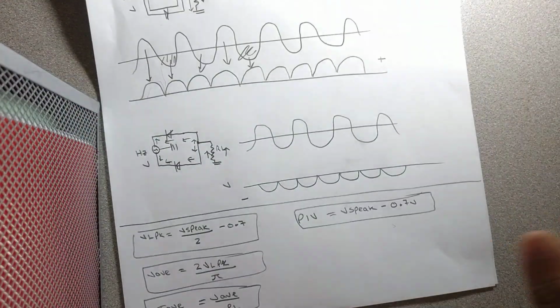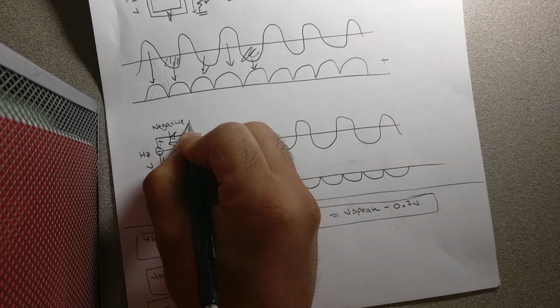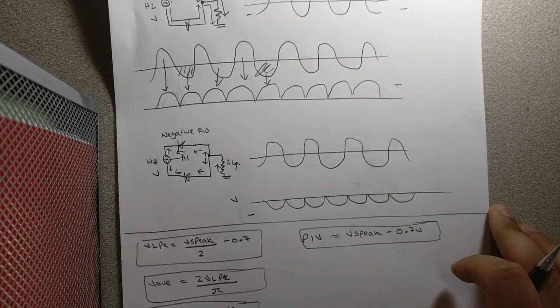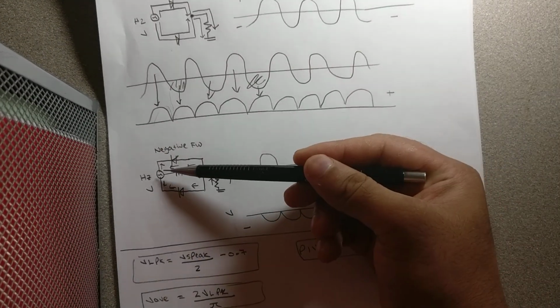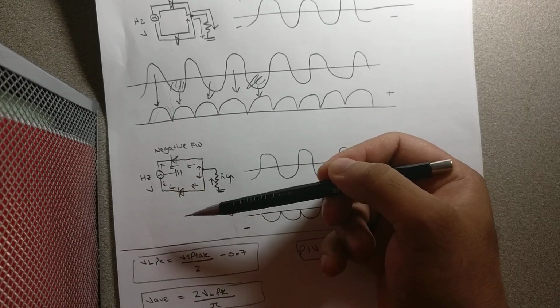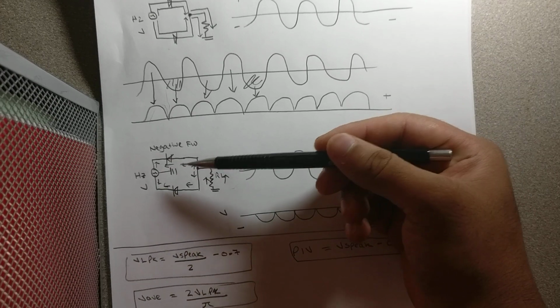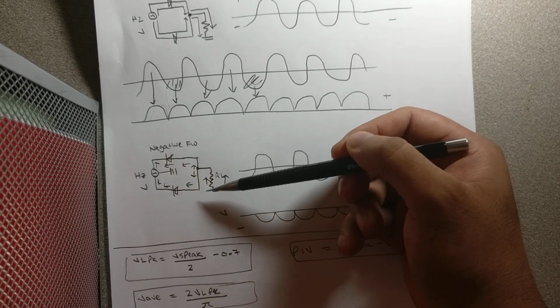Let's discuss a negative full wave rectifier. In this case, there's going to be a negative that's going to pull electrons from the ground through the load, and that's for my first cycle. For the next cycle, same thing.